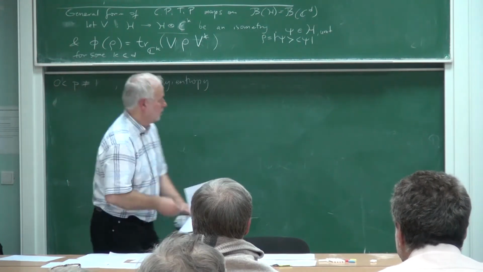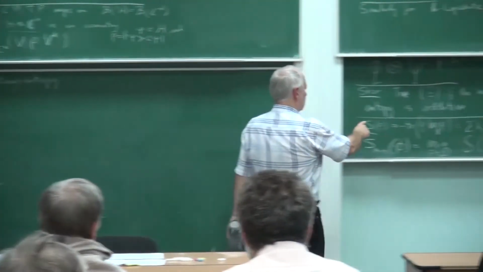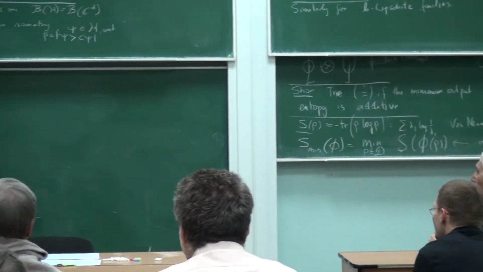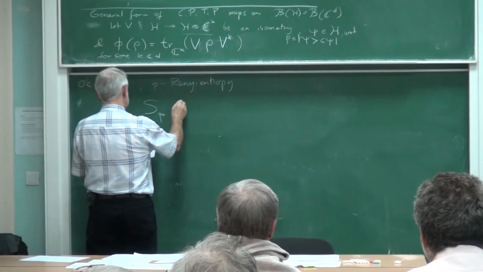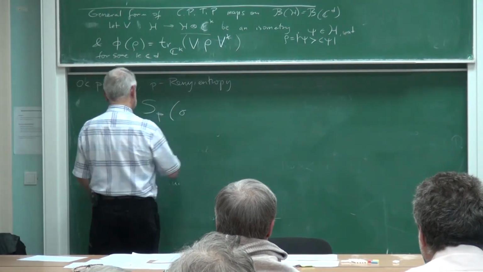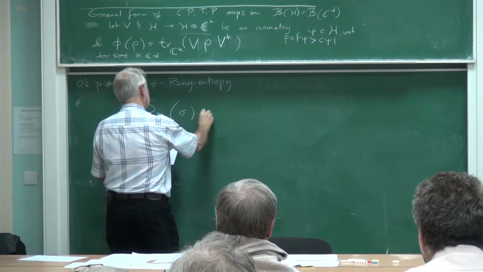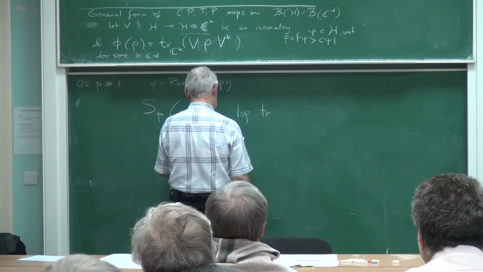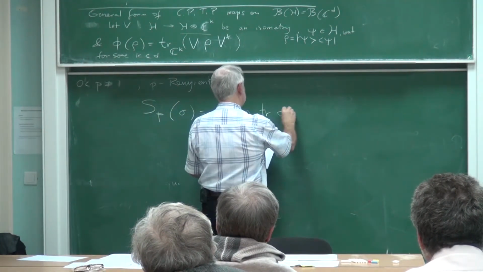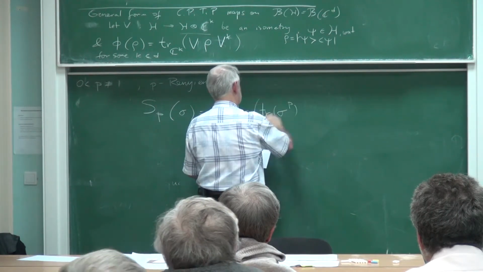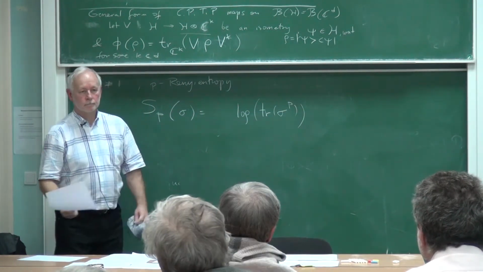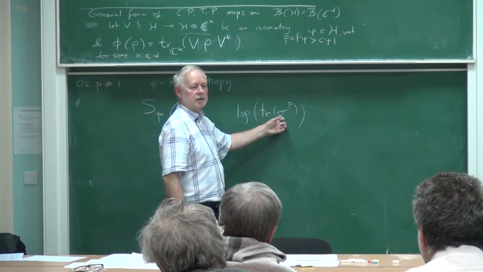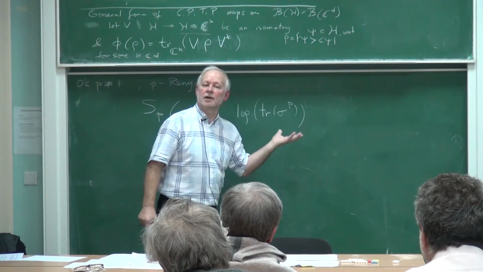So what you do, rather than looking at this expression here, is the following: one divides S_p of sigma, log of trace of sigma to the power p. It's quite clear what this means, right? Because sigma to the power p, this is a positive semi-definite matrix, so you can raise it to the power p, which means you raise every eigenvalue to the power p.